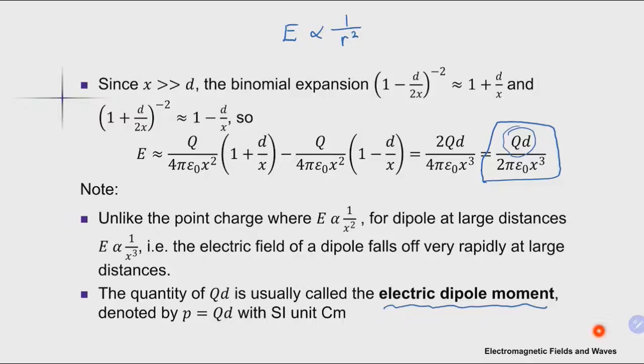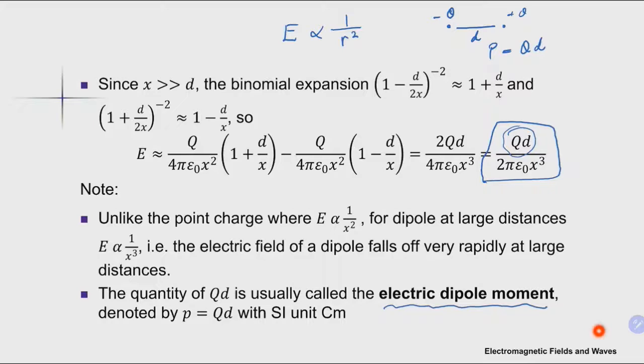Okay, so two things to remember. Electric dipole moment is the charge magnitude times the separation between the charges. I have minus q, plus q, and then distance d. So q times d is called the dipole moment.